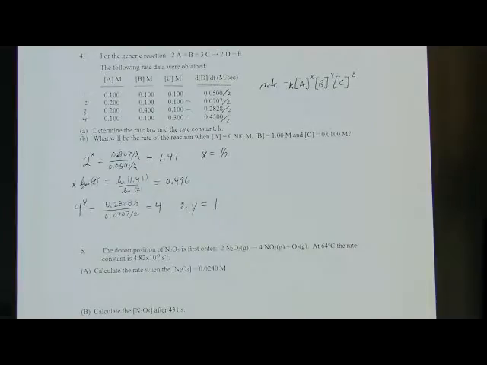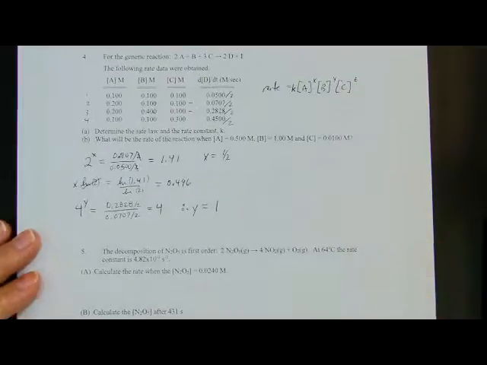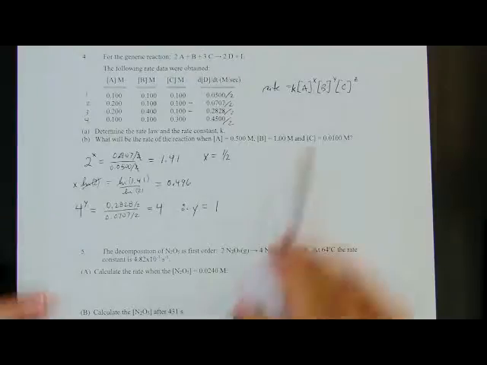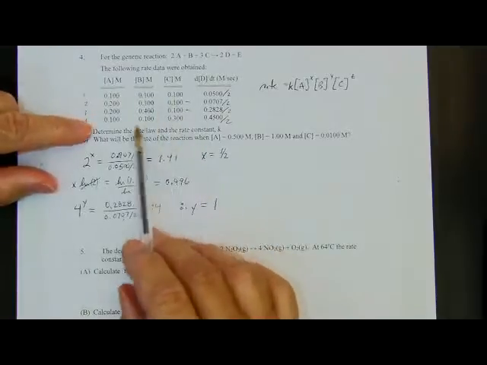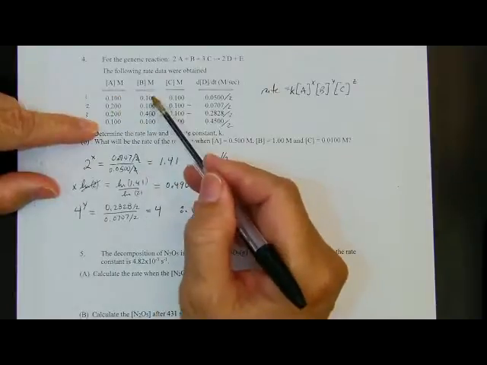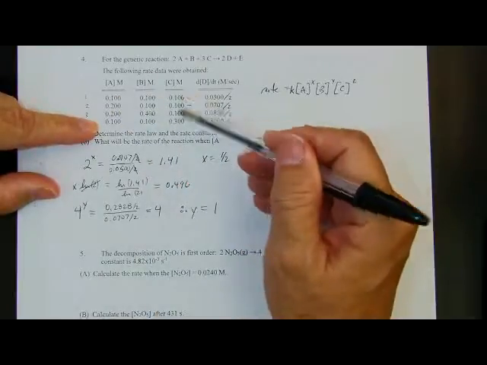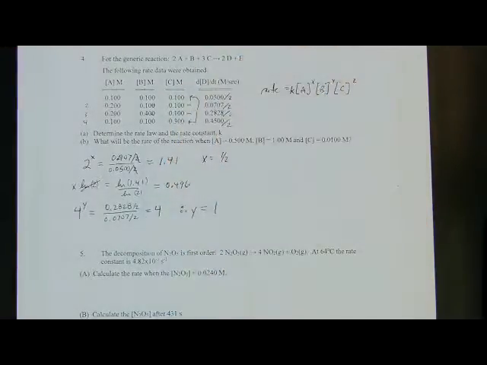We're getting closer. Now we need to get z. So what experiments do we have where c is changing but a and b are not? I think it's 1 and 4, right? Yeah, so 0.1, 0.1, 0.1, and 0.3, 0.1. All right, so now we're going to look at these two to get the exponent on c.